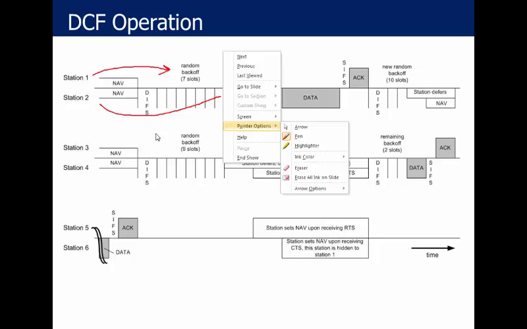That depends upon the size of the packet. One packet needs to be completely sent out through that sequence: RTS, CTS, packet data, and acknowledge.